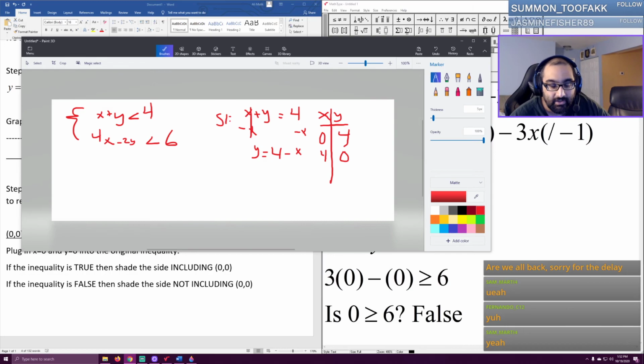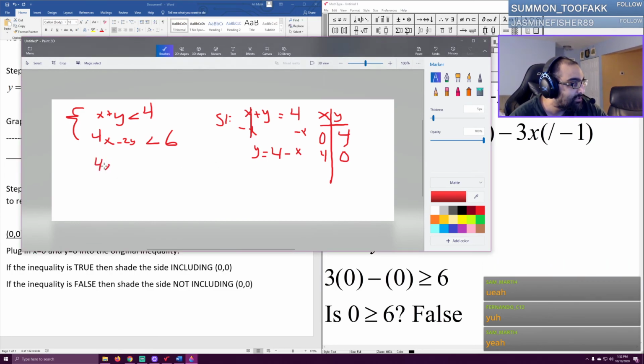All right. So let's continue moving forward then. We have just figured out y is equal to 4 minus x. Okay, let's do the other one as well. We have 4x minus 2y equals 6. We're going to solve for y in this case as well. So we'll subtract 4x.